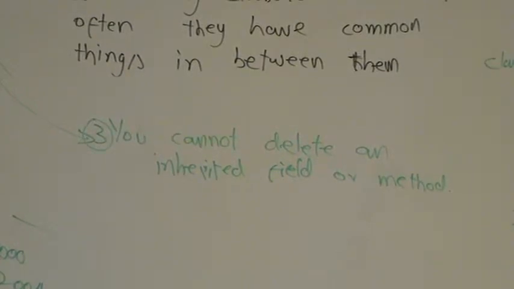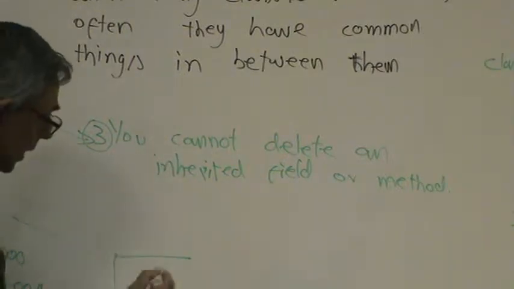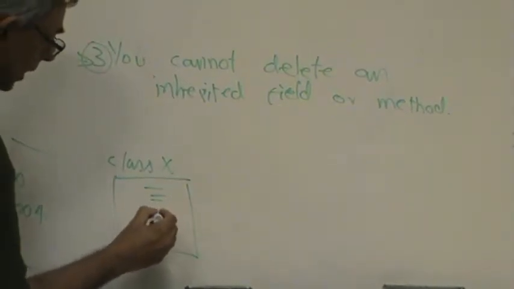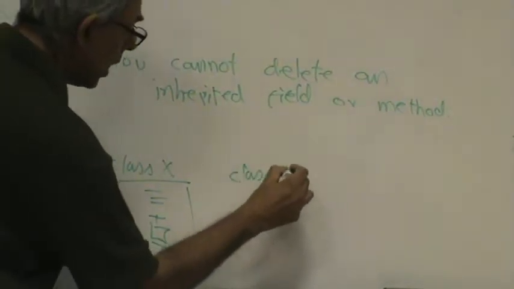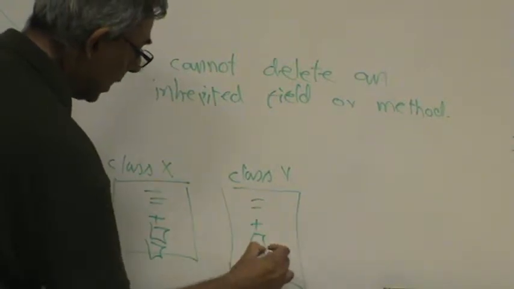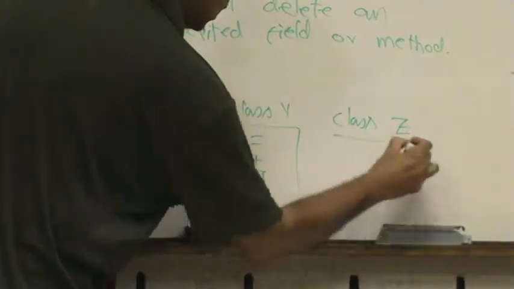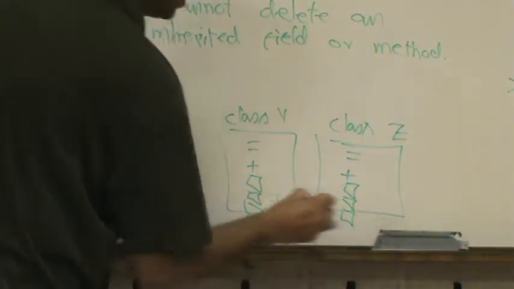When we use inheritance, okay, let's say you created some class X, it has a few fields, a few methods, you created a class Y, let's pretend, it has a few fields, few methods, you created a class called Z, okay, let's pretend it also has few fields and few methods, right?